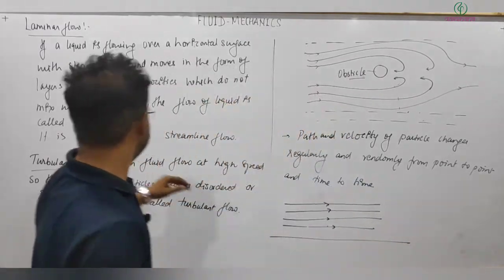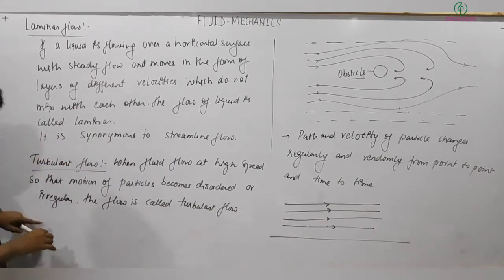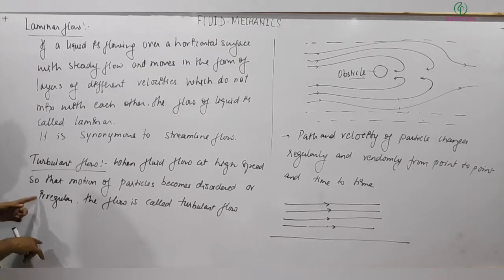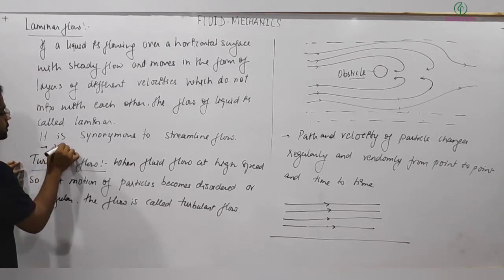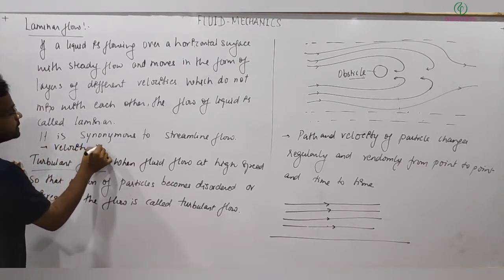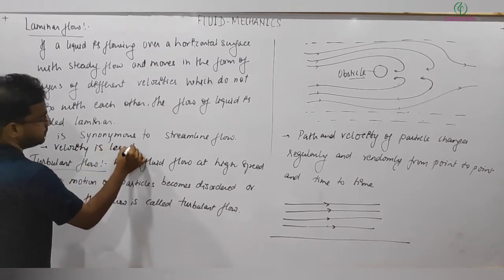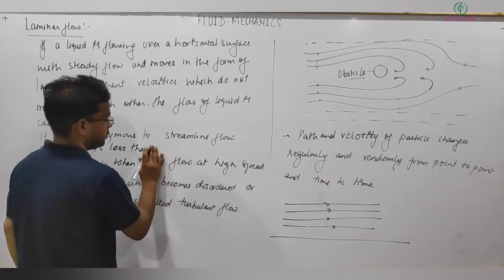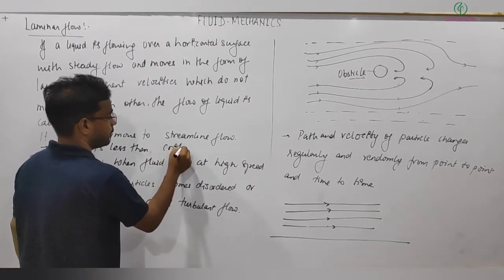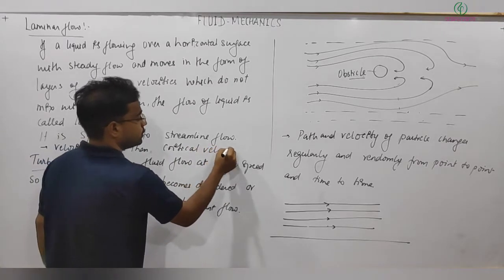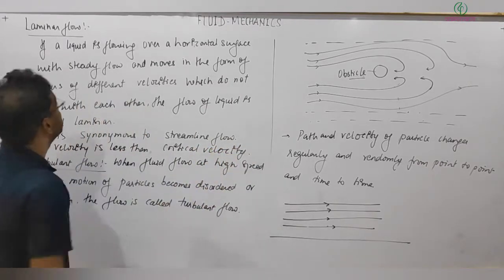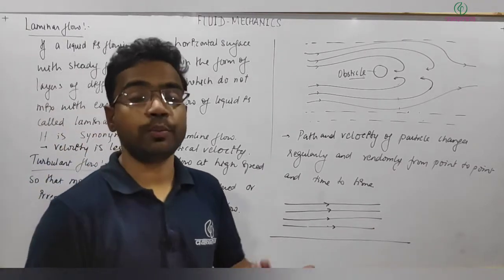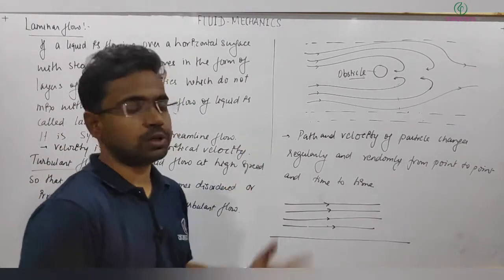If the velocity of fluid flow becomes more than the critical velocity, your flow turns out to be turbulent.